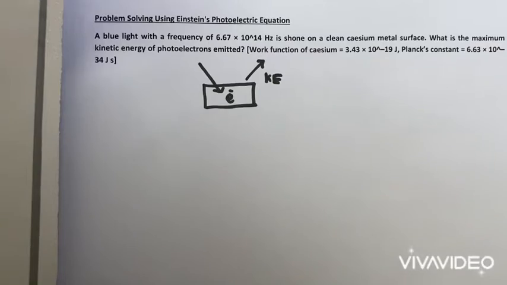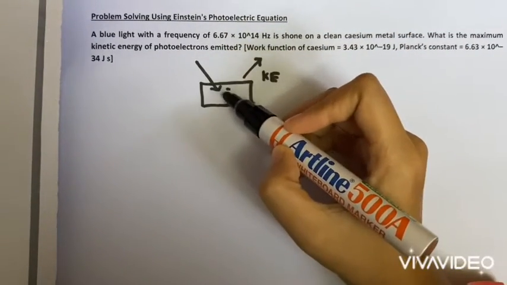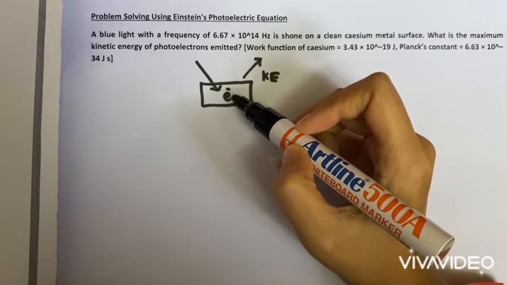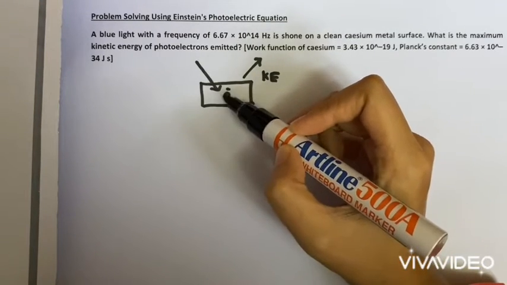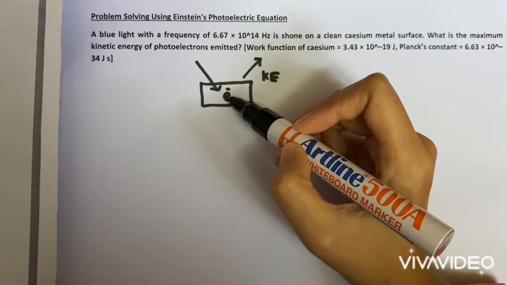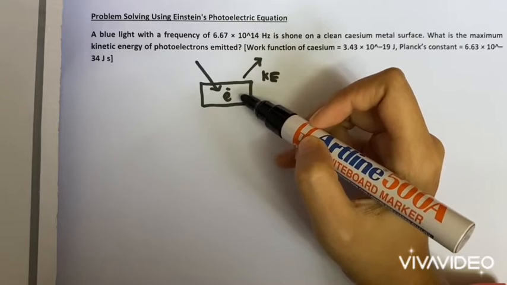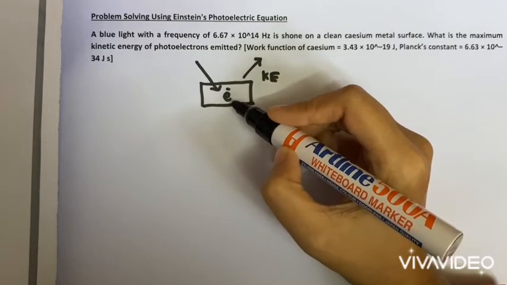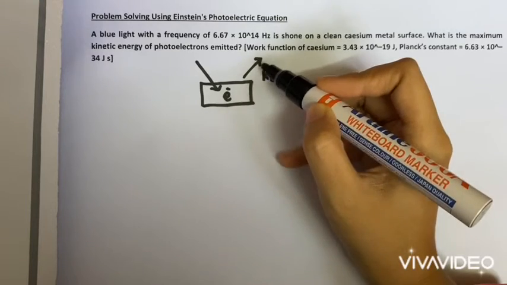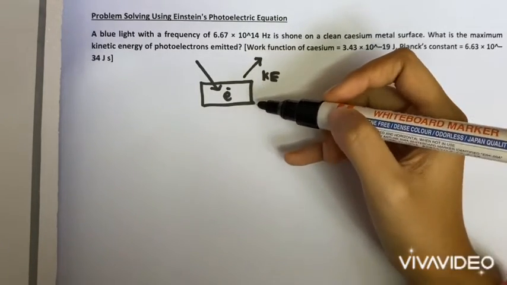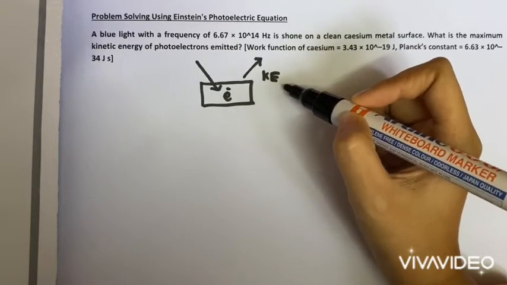A blue light with a certain frequency is shown on a clean calcium metal surface, and the photon energy will be absorbed by the electron in this metal surface, and therefore the electron will use the energy to escape from this metal surface, and then the electron will have a certain kinetic energy.